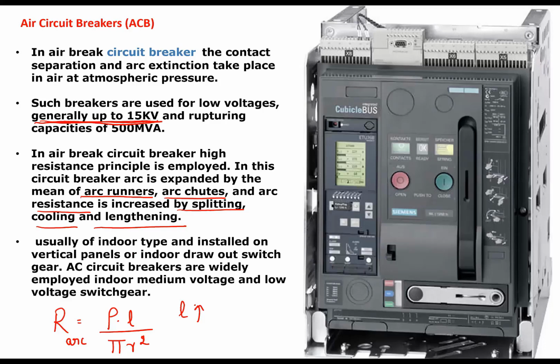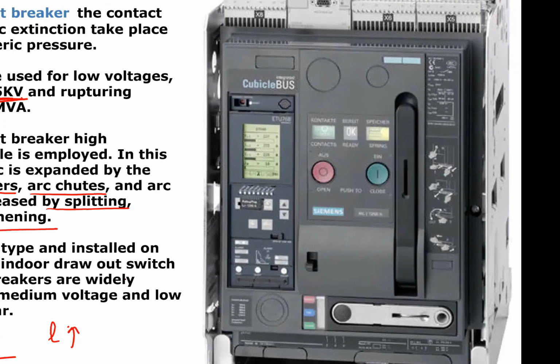Usually these air circuit breakers are used for indoor applications with draw-out structures. There will be one cubicle from which you can draw out. Draw out means you can pull the circuit breaker out like a drawer. Understand? This type of circuit breaker is widely used in indoor medium voltage and low voltage switchgear.